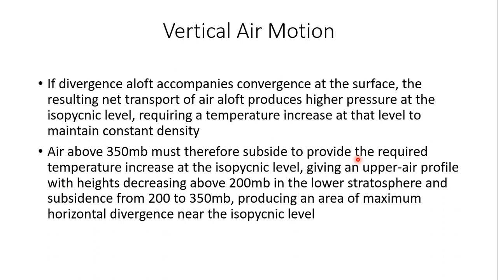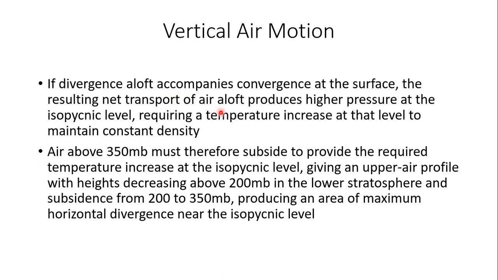If divergence aloft accompanies convergence at the surface, the resulting net transport of air aloft produces higher pressure at that isopycnic level, that level of equal density, requiring a temperature increase at that level to maintain constant density. So in general, we're getting back to the topic of the isopycnic level, the level of equal density.